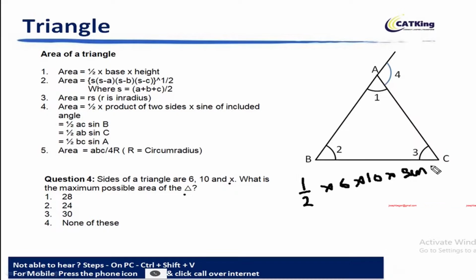Suppose that angle is A, then sine of A, right? We know the maximum value that sine A can attain is 1. So we are going to take it as 1, and the answer to this question will be 30. 30 is the correct answer.